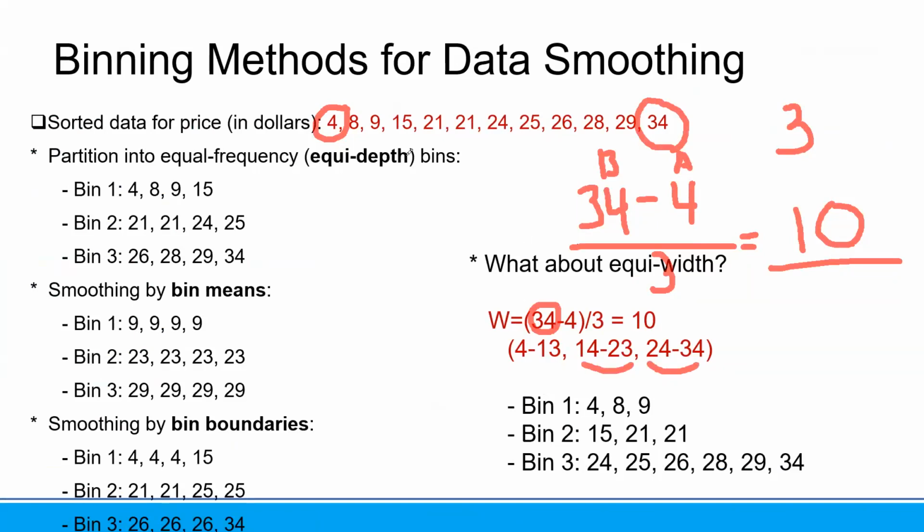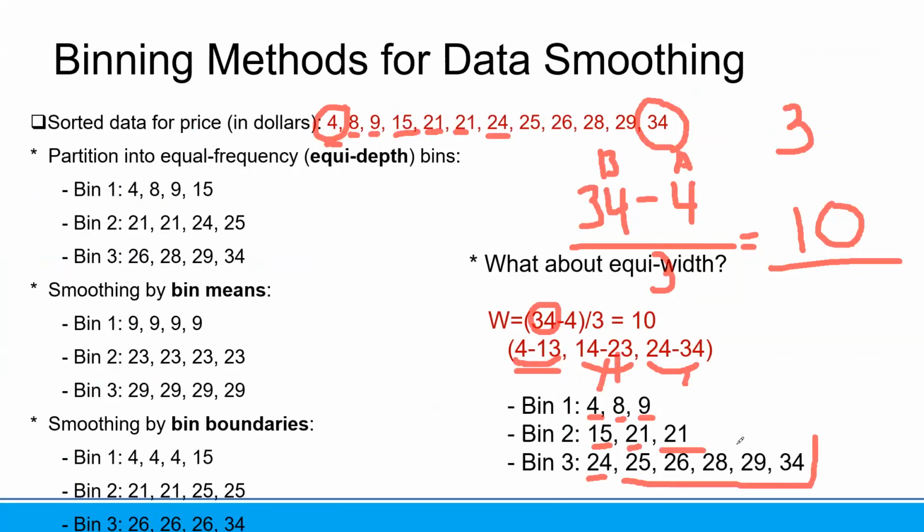So let's check. 4 is in between 4 and 13, so it will be in bin number 1. 8 is in between 4 and 13, so it is in bin number 1. 9 is also in bin number 1. 15 is in bin number 2. 21 is in bin number 2. 21 is in bin number 2. 24 is in bin number 3.